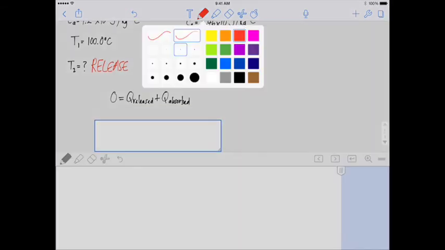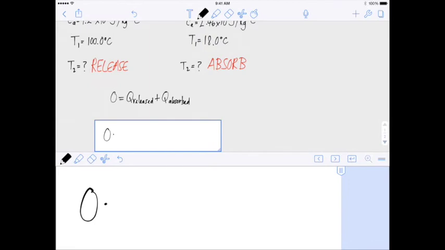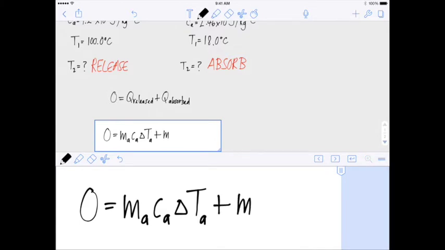So we can state that 0 equals the mass of the aluminum times the specific heat capacity of the aluminum times the change in temperature of the aluminum, plus the mass of the ethyl alcohol times the specific heat capacity of the ethyl alcohol times the change in temperature of the ethyl alcohol.